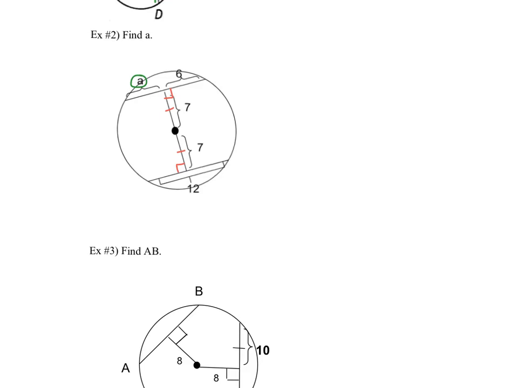If they are the same distance away, then this chord and this chord will be the same length. So if this chord, and this is representing the whole thing, is 12, then so is this. Well, we have 6. A would also have to be 6 then to make it equal to 12. Okay, so that's the first one.